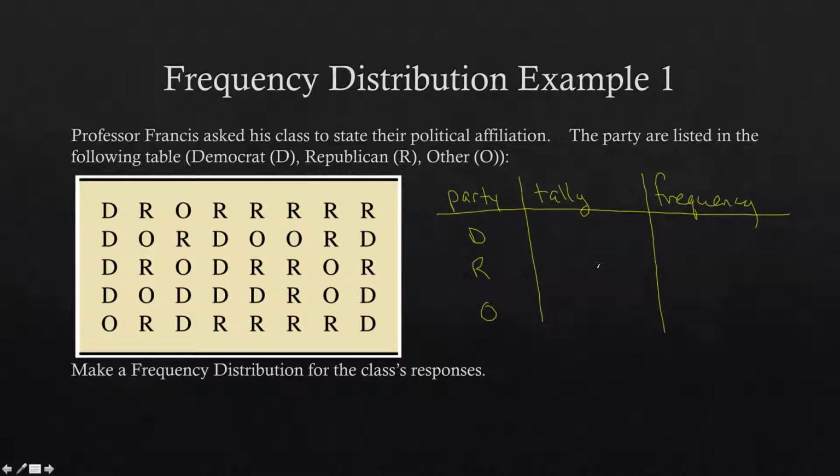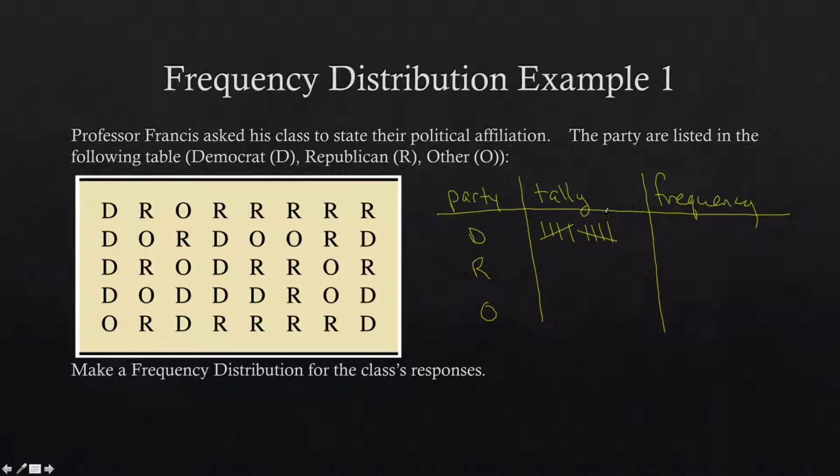So let's count. In the first row there's one Democrat. In the second row, there are 1, 2, 3 Democrats. In the third row, there's 1, 2 Democrats, so that would be 5. In the fourth row, there are 1, 2, 3, 4, 5 in the fourth row alone.